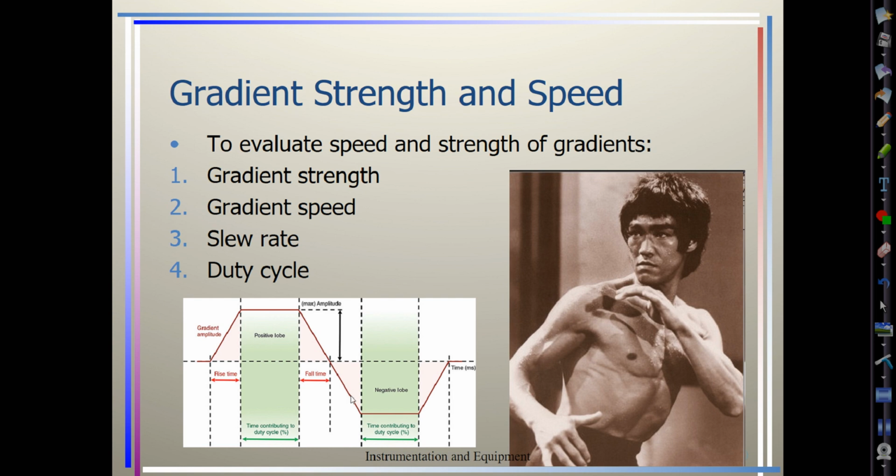So you could label this as rise time as well, because these gradients are constantly going back and forth in a positive iteration and a negative iteration. And then it reaches, once again, another maximum amplitude, but in the negative direction. And then the time that it is on, that's our duty cycle. And then you turn it off, and it falls back down to equilibrium. Okay?